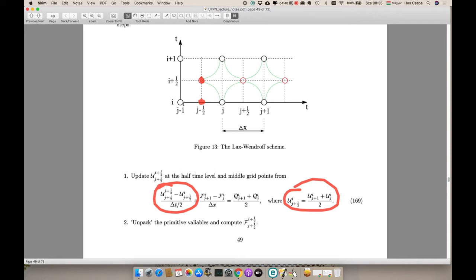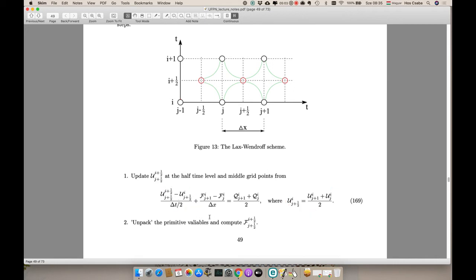Or if you like, this is a linear interpolation. So I make a linear interpolation from this point and this point to the u vector here. And then I am advancing with forward differencing. So this is delta t over 2, and this is this point minus this point over delta t over 2.